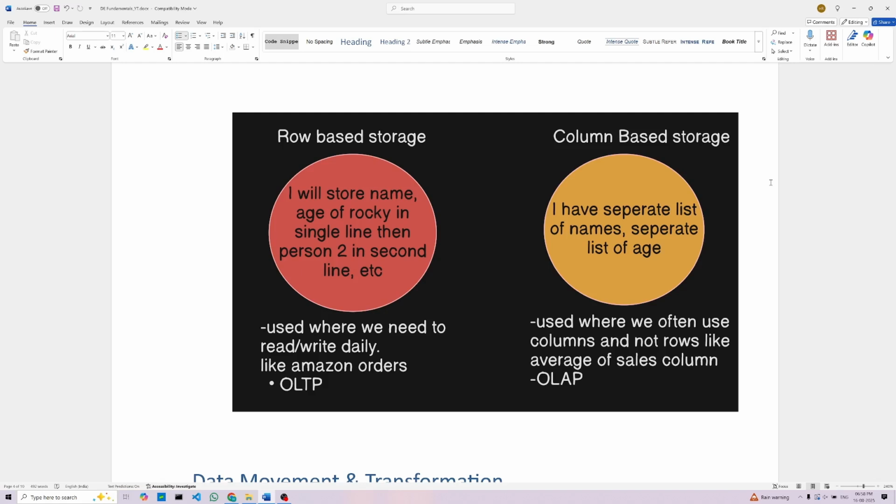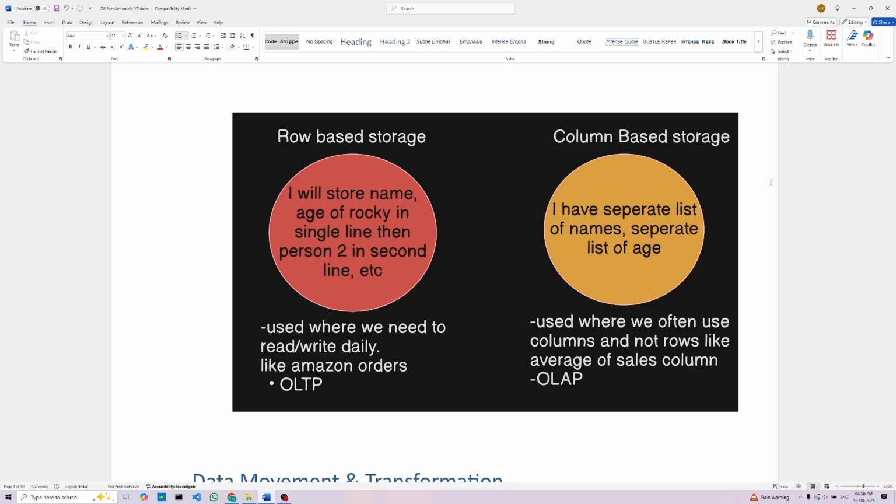Again, do you remember OLTP? Like daily transactions, whenever we want to handle daily transactions we can use row based storage. Like we had that example of the billing counter.